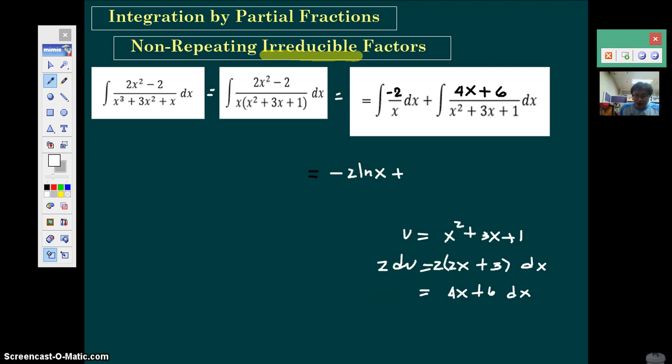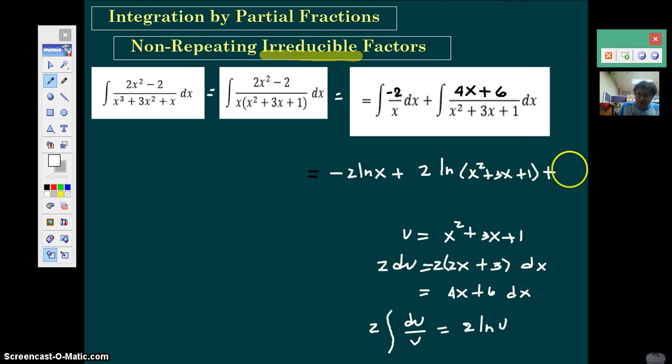Therefore that integral becomes 2 outside, du over u, which is simply 2 ln of u. So writing it here, it's 2 ln of x squared plus 3x plus 1, and then of course plus c at the end. There you go. So this is partial fractions.